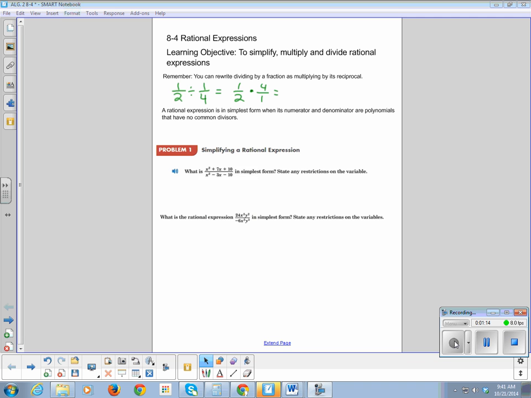So when it asks you to put the rational expression in simplest form, it really wants you to have the numerator and the denominator as polynomials that have no common divisors, which in my tiny math brain says, if I factor the top and the bottom of a rational expression, I should cancel out the factors that they have in common.